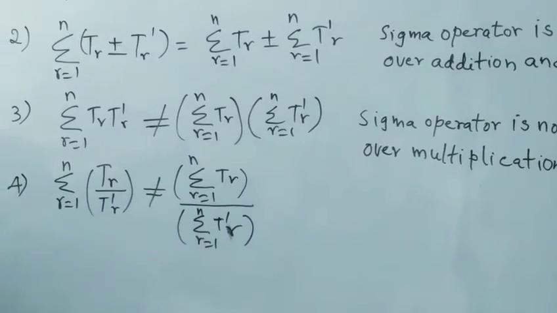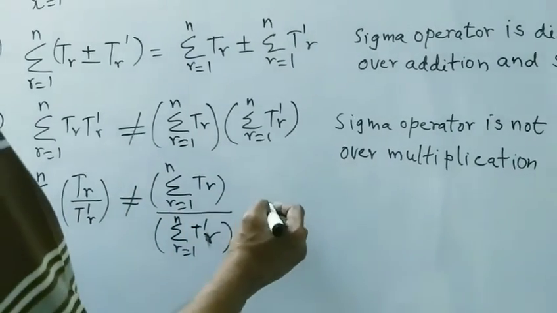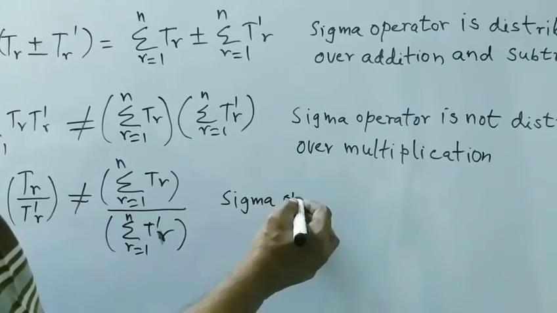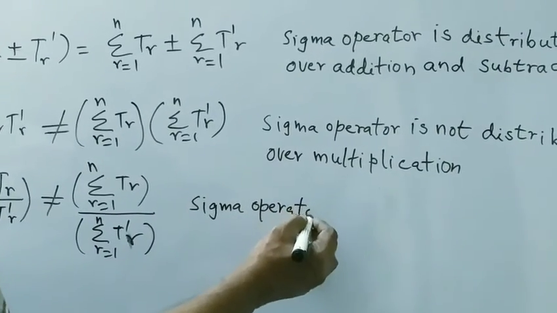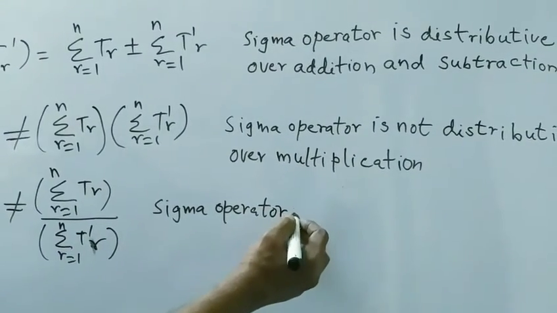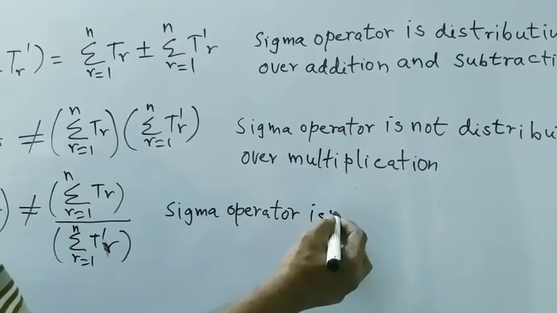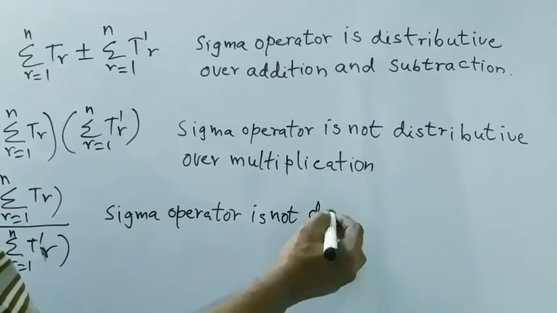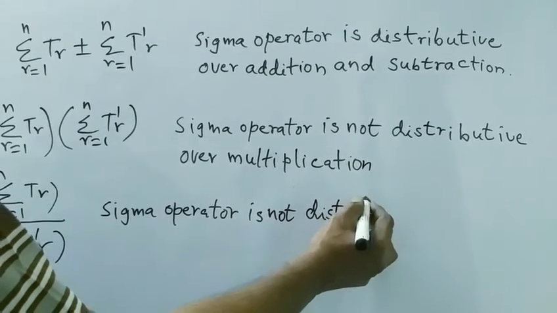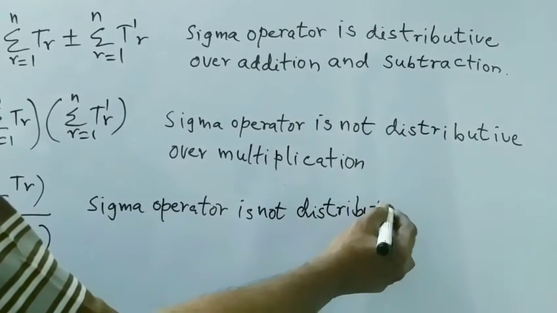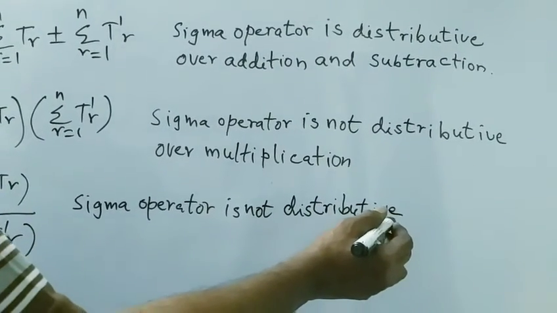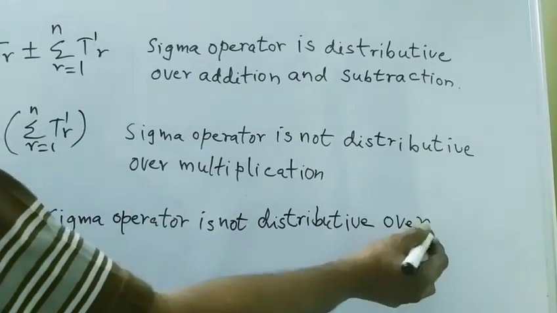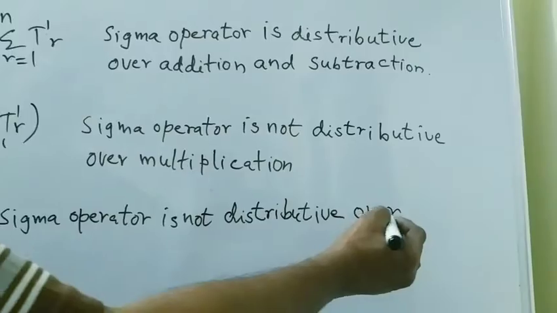In this also the sigma operator is not distributive over division.